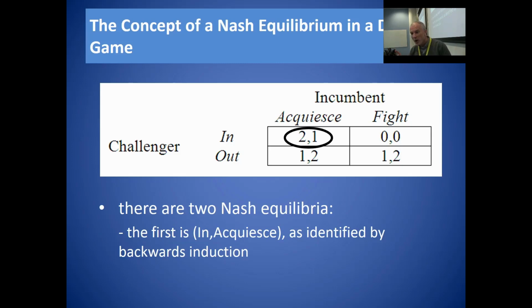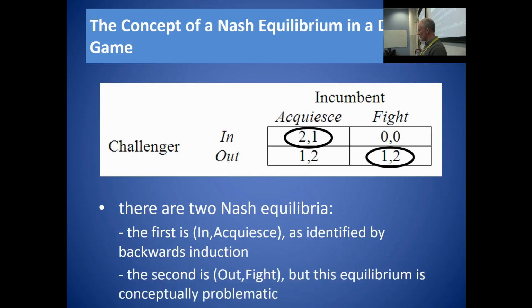But there is, though, a second Nash equilibrium, where those 2 circles coincided. And that was down in that bottom right-hand corner. So there's a second Nash equilibrium where the challenger chooses to stay out and the incumbent firm chooses to fight. So, two Nash equilibria. One, you get the idea of that.